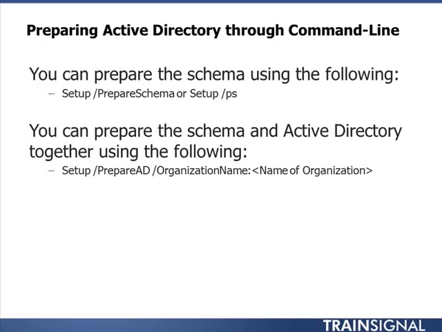Now, if you don't run this command, that's okay. You can do it during the install process, and it actually asks you for the name of the organization in one of the wizard dialog boxes. If you do this first, however, when you run the wizard to do the installation of Exchange, because you still have to run that wizard, it can see if this command has been run or not. So it can see if the schema has been prepared, and if the Active Directory has been prepared, and if you've put in the name of the organization or not.